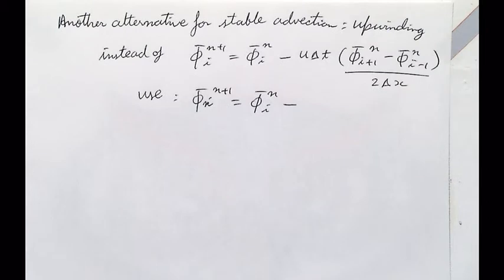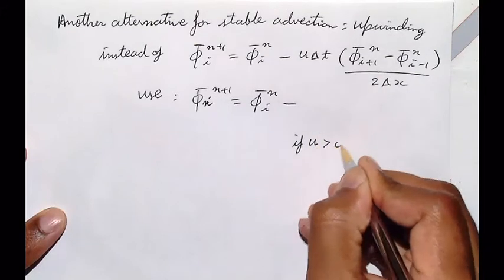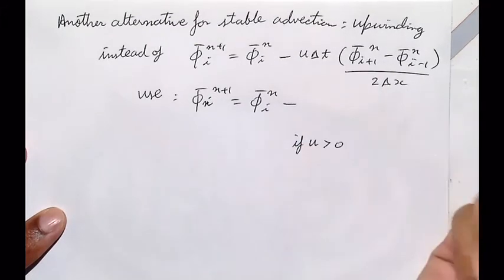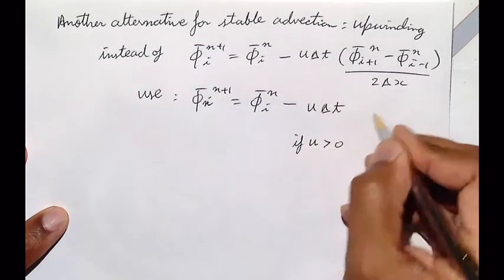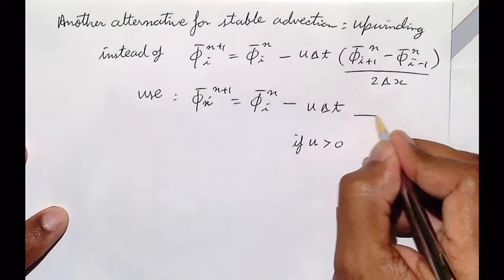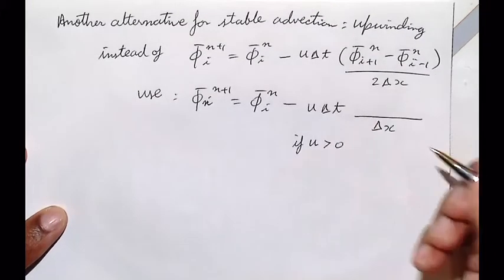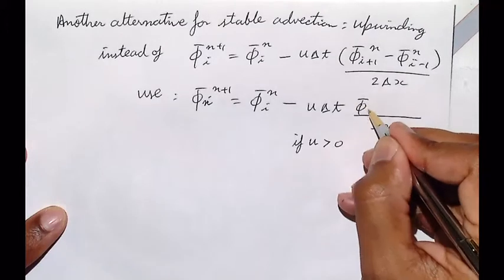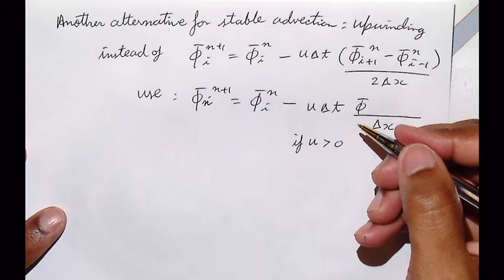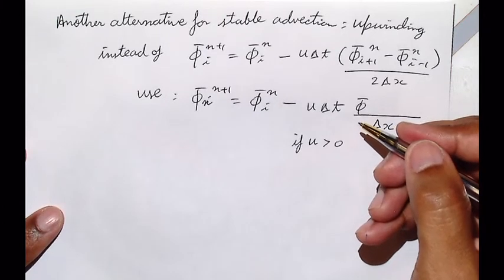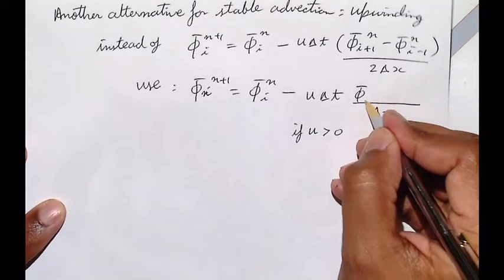If U is positive, then minus U delta T over delta X times phi I minus phi I minus 1.